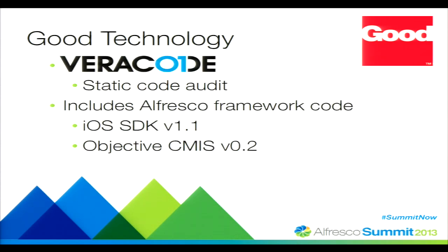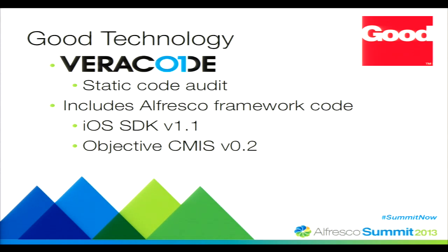The other thing Good technology mandate is that all code must be audited by an external security company called Veracode. And we had to go through this process a number of times through the development of the app. In the end, what we've got is the iOS SDK 1.1 and Objective-CMIS that the SDK uses have passed some very, very stringent security checks on the code.